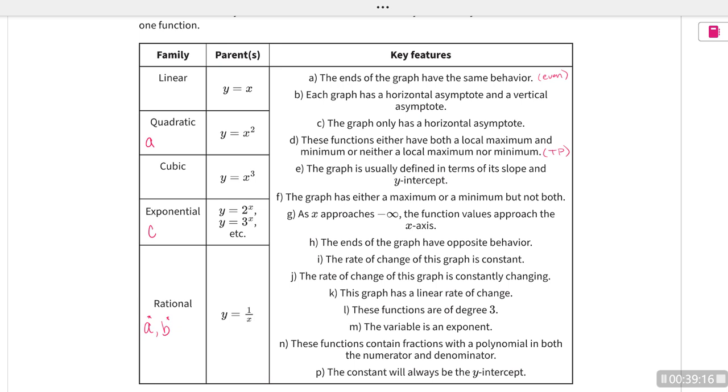So it doesn't fit a quadratic. But a cubic, this does fit a cubic. So D, right, it says either a local maximum or minimum. So if it's a cubic, it could look like this, right? And then it has both local max and mins. Or it could look like this and only has an inflection point, in which case there's no local max or mins.